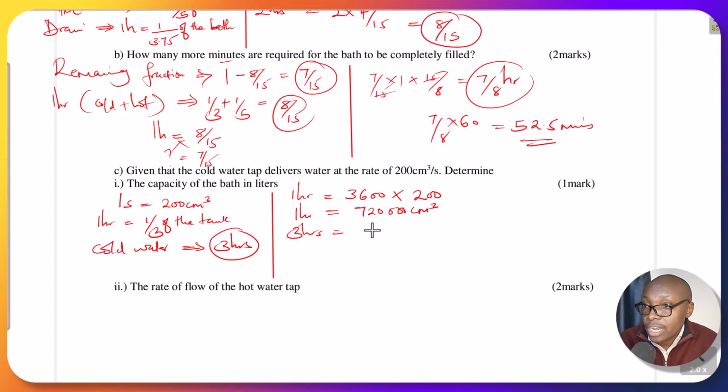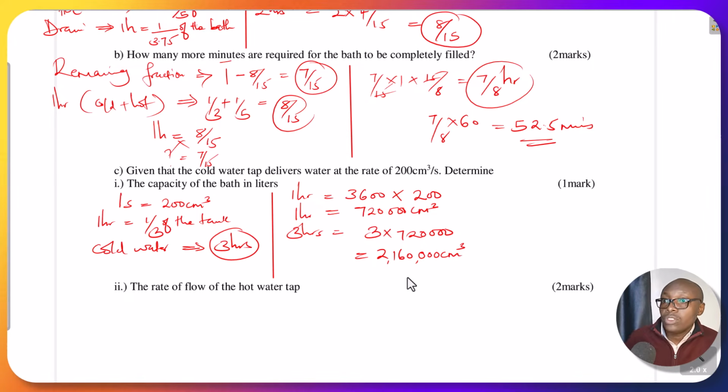To completely fill the tank, you simply multiply 3 times 720,000, and this will give 2,160,000 centimeters cubed.